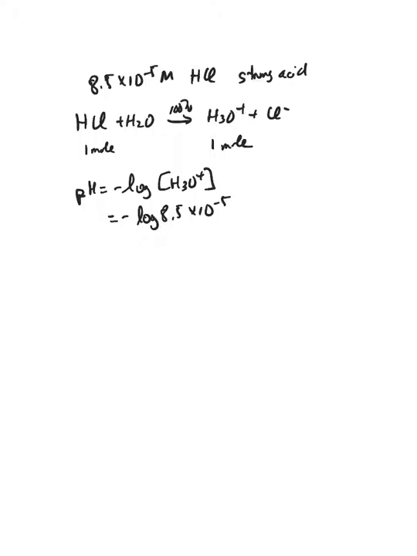And so 1 mole of HCl produces 1 mole of hydronium ion. So let's do this calculation: pH is equal to minus the log of the hydronium ion concentration. So pH is minus the log of 8.5 times 10 to the minus 5.